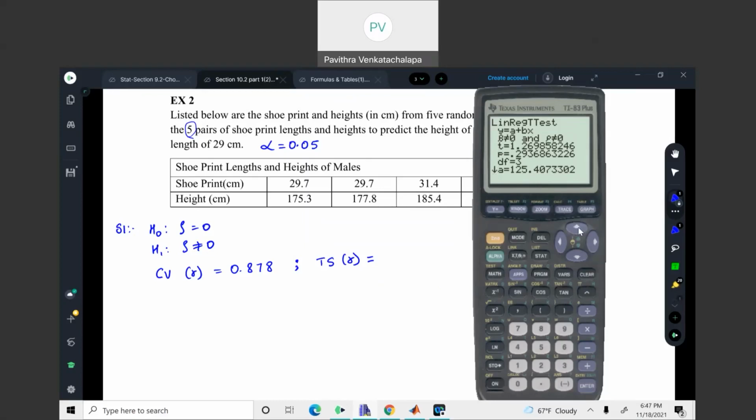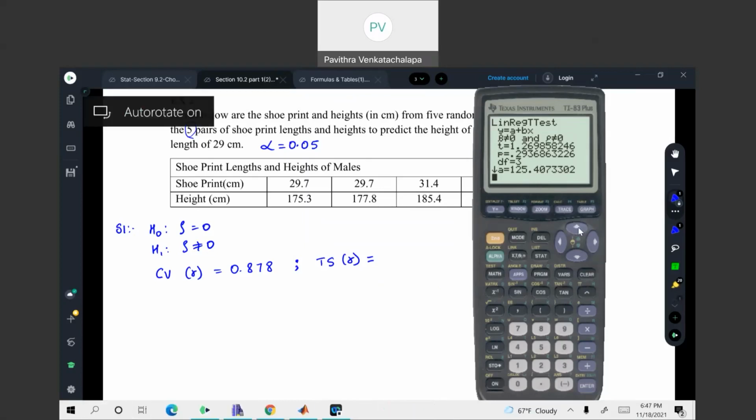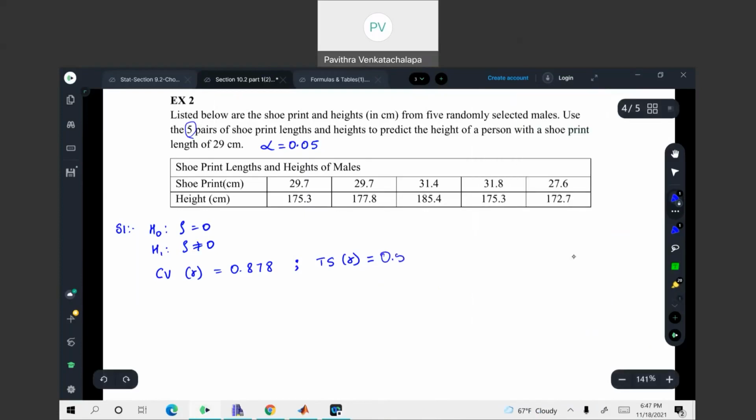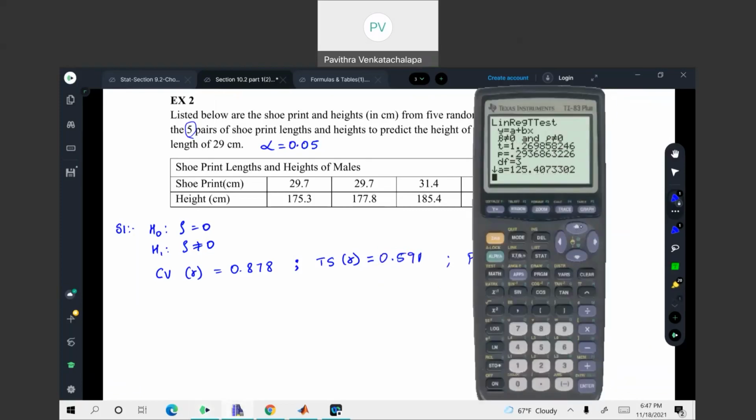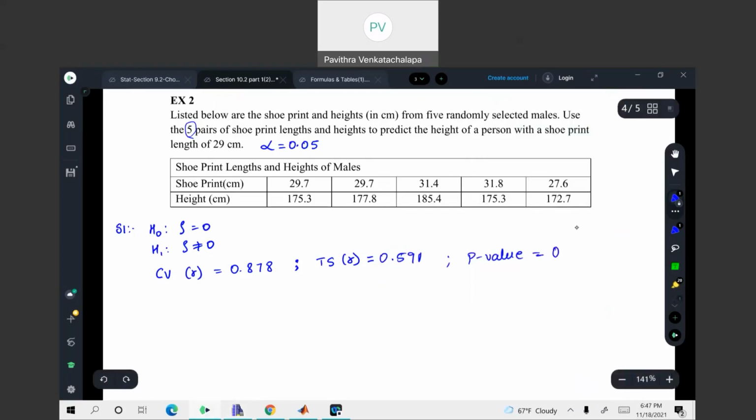So the R value is 0.591, rounded off. And you also get a P value, which is 0.2936, so 0.294.